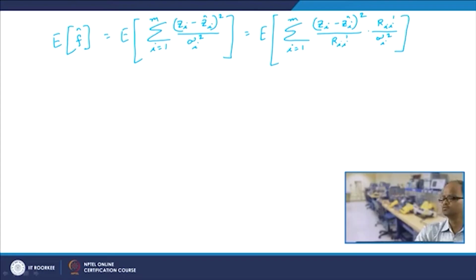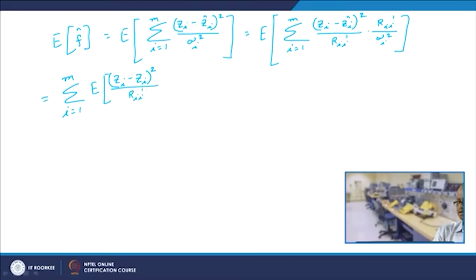This entire quantity is within this summation. So, this is the expected value of this. So, this is nothing but I equal to 1 to m expected value of Z I minus Z I hat whole square by R I dash into R I dash by sigma I whole square.